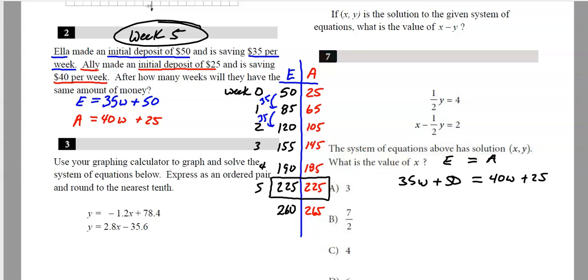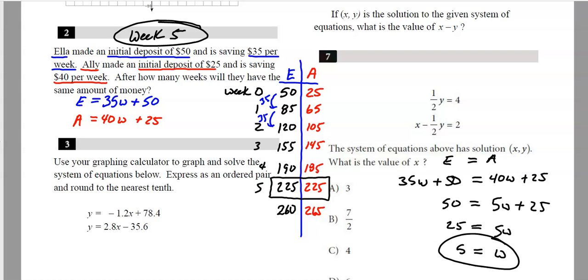I get my W's to one side, so if I subtract 35W from both sides, I'll have 5W. Then if I subtract 25 from both sides, I'll have that. And divide, and I find out the weeks equal 5. So you could do algebra, you could use a table, you could graph it, lots of ways to do it. But that's what you do.